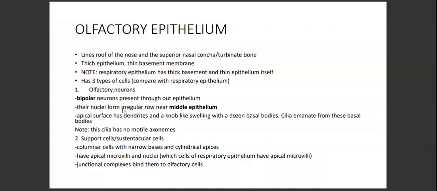One thing you must note about these olfactory neurons is that their nuclei form an irregular row near the middle of the epithelium. So their nuclei are concentrated in the middle of the epithelium, in such a way that they form an irregular row.